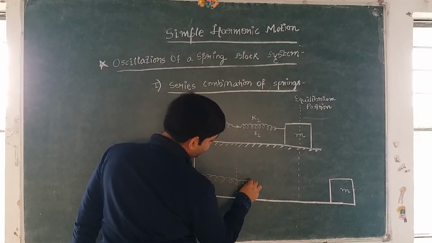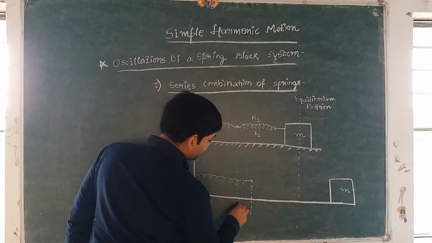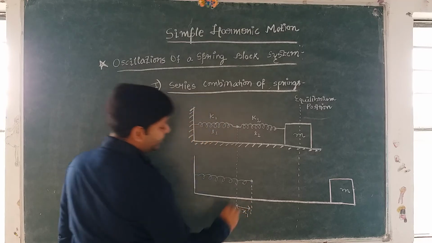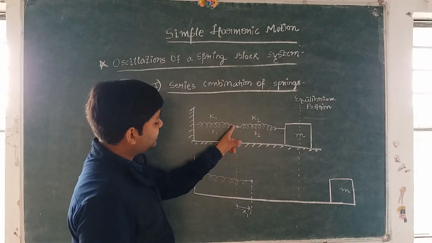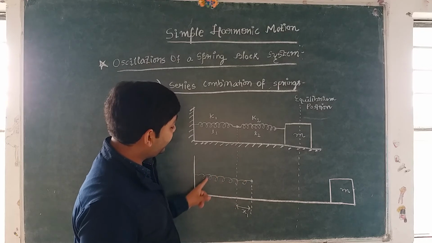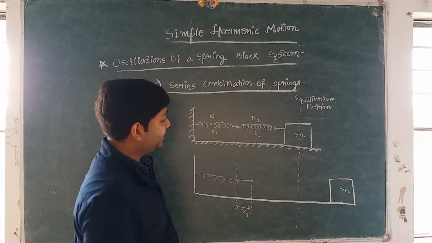So let's say this is x1, the elongation or extension in the length of spring 1, right? This end has now come here because spring 1 has got elongated by length x1.